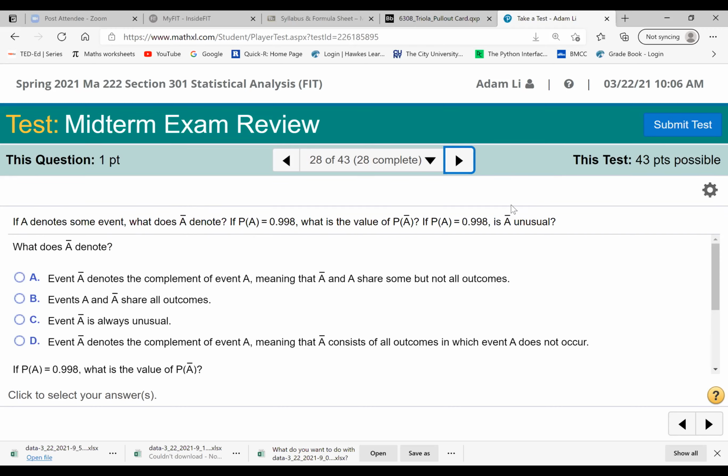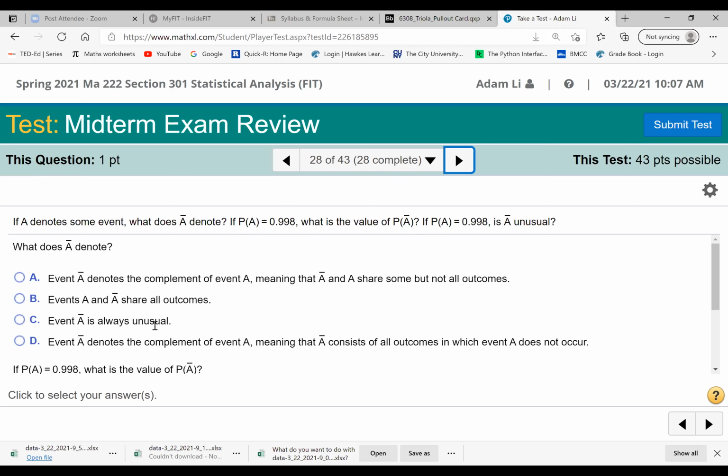It will be 1 minus that, since the total probability for event A and its complement equals 1. So the complement will be the rest, 0.002.